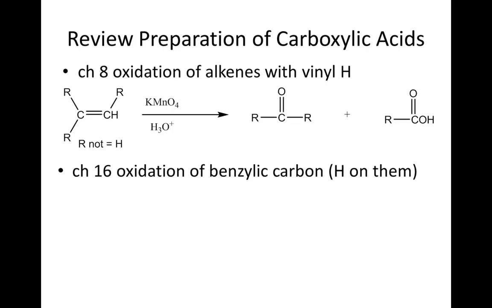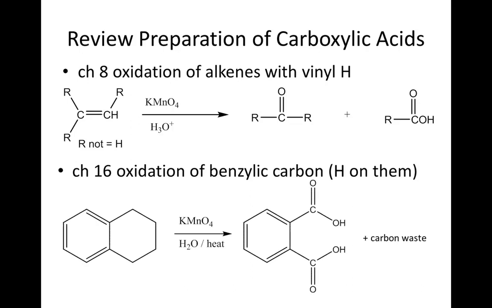We also learned about making carboxylic acids by the oxidation of aromatic compounds that have side chains on them, in the aromatics chapter. And so the benzylic position, which is the one next to the benzene ring, as long as there's at least one benzylic hydrogen there, then you can oxidize that to a carboxylic acid.